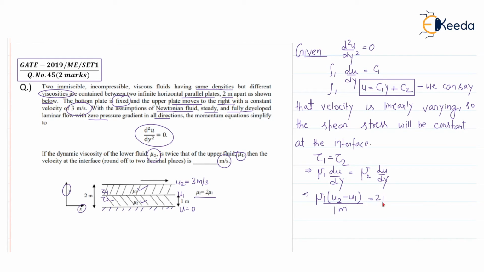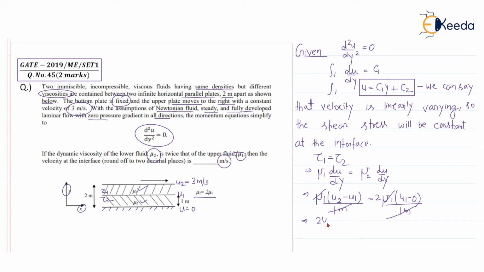Mu2 is twice mu1, into u1 minus 0, but dy is again 1 meter. This 1 meter gets cancelled. You can also cancel mu1. What is remaining?